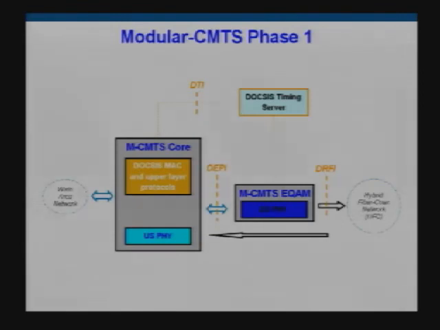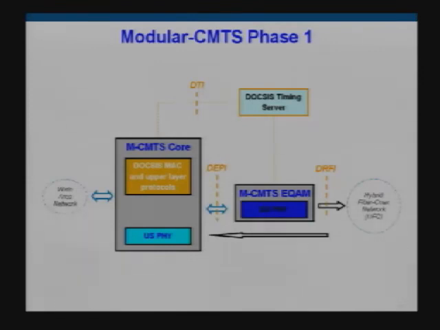So the downstream external PHY interface, or DEPI interface, what you see here, was defined to address the protocol and interface requirements for transporting the layer 2 DOCSIS information from the MCMTS core to the EQAM.